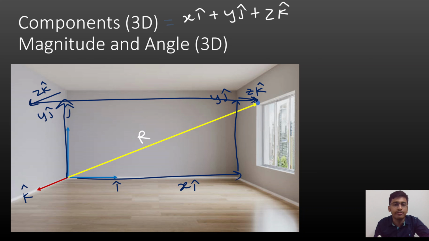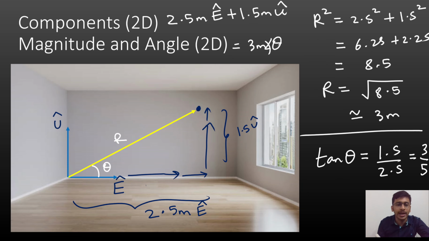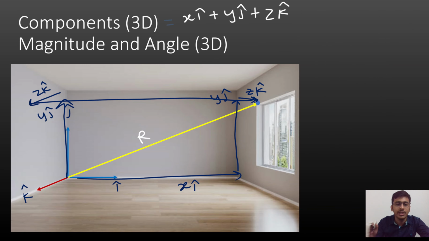But let's understand the fundamental difference between 3D angles and 2D angles. In 2D, it was sufficient that we only defined one angle theta, because the other angle would naturally be 90 minus theta. Correct? But in 3D, the problem is that one angle is not sufficient. We need to see angles from all three axes. So we need to see this angle, let's say I can say theta x.